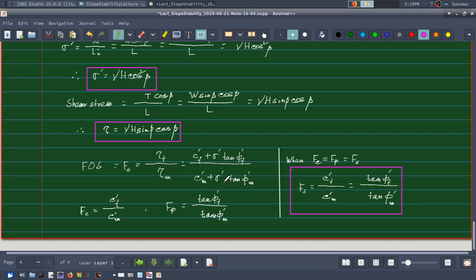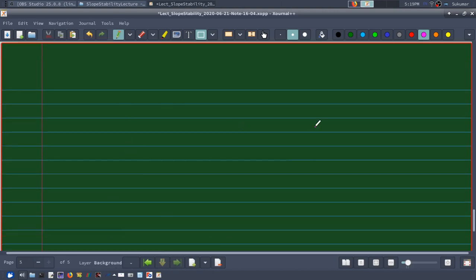Now when this factor of safety is 1, let me add one more page. Now continued. When this factor of safety is 1, the slope is at the verge of failure, right? Because the shear stress and mobilized shear strength will be the same.